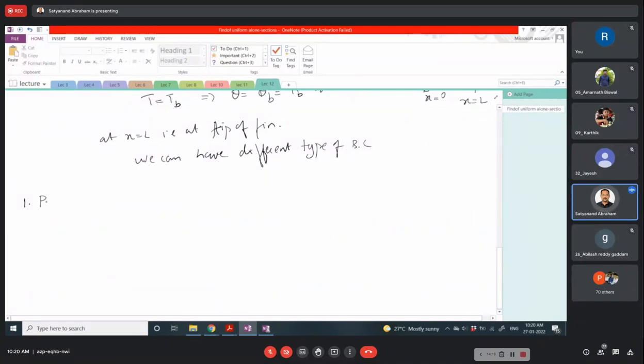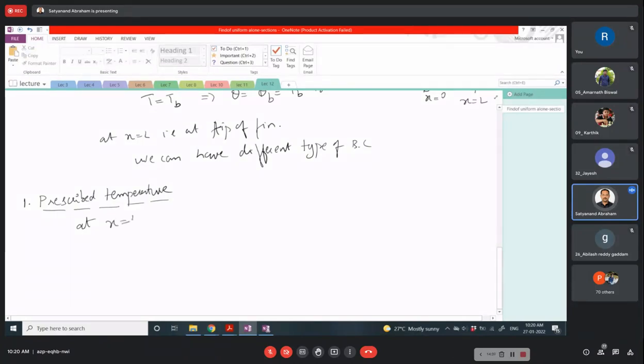First one is the prescribed temperature boundary condition. There is nothing much to discuss here, just the derivation, so I am not going to explain much. We can write down the derivation.